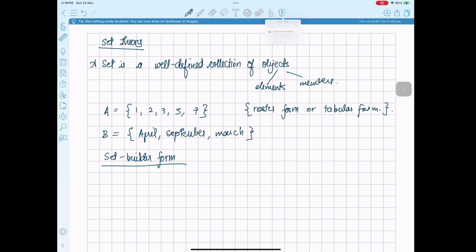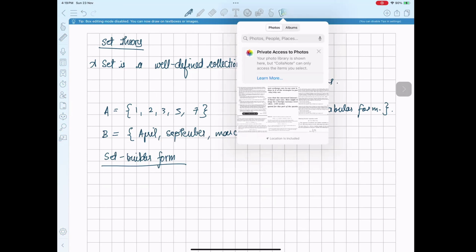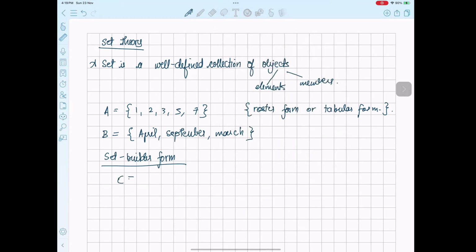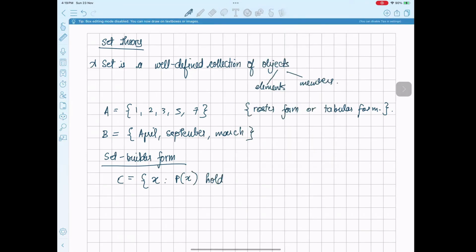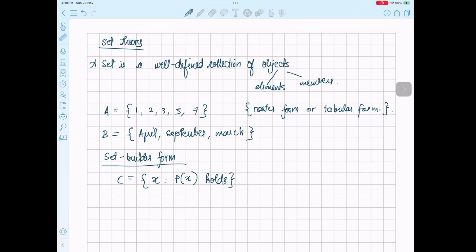For instance, to generalize it, say set C is a set of all elements X, where P of X holds, where P stands for some property. This is a way in which you're building the set.